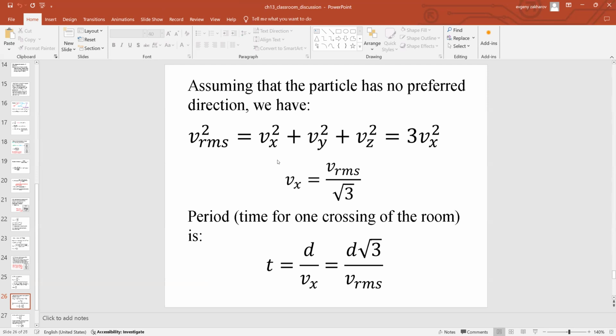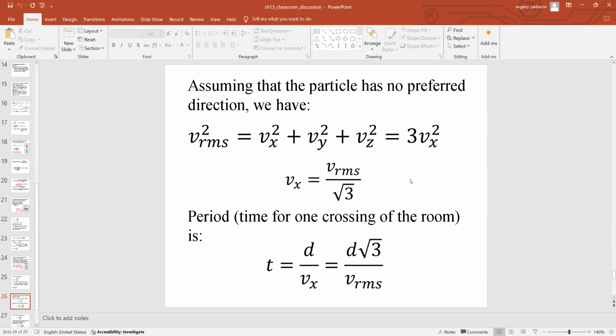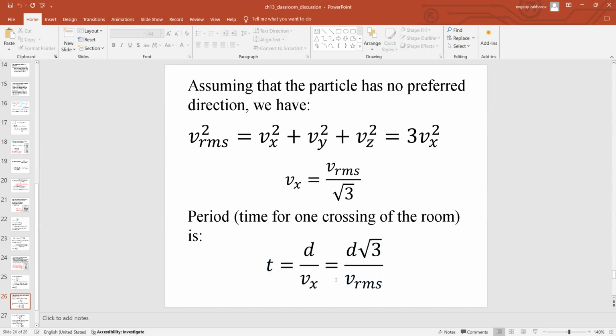If you do the average statistical analysis for XYZ direction, you can use this trick with division by radical 3 to get the actual velocity, and time between collisions from side to side would be distance over the speed, because time is distance over speed anyways.